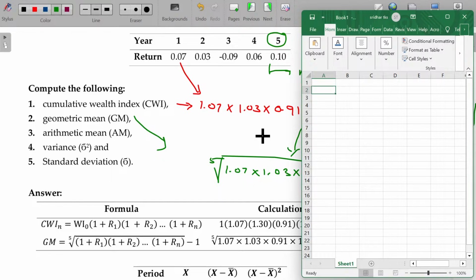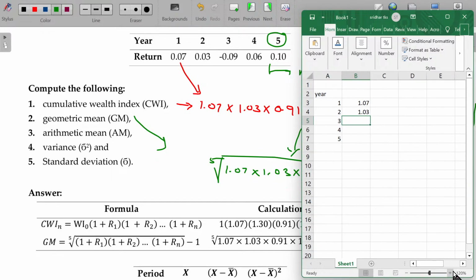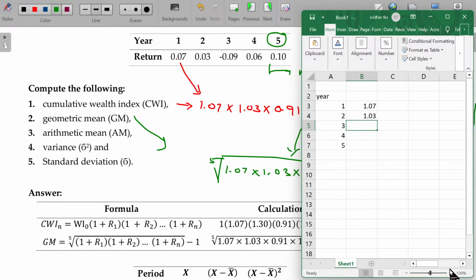Now what happens? Year 1, 2, 3, 4, 5 years are there. What's the return in the year 1? 7%. Otherwise 1.07. Second year 1.03. Third year, hope it is now able to read.